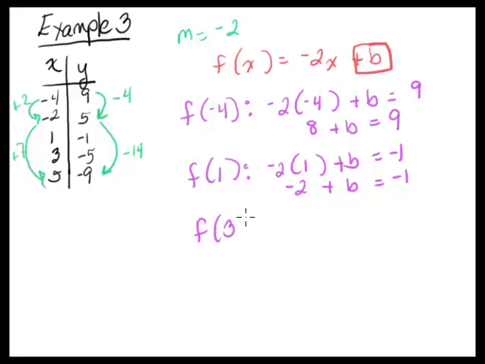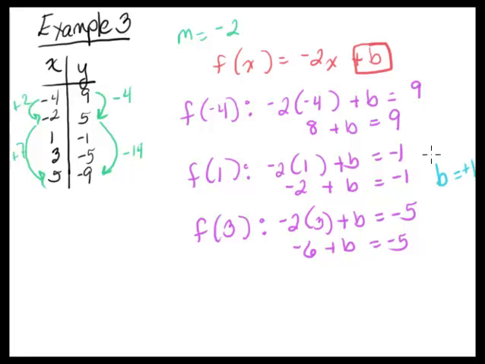So f of 3 is negative 2 times 3 plus b equals negative 5. Negative 2 times 3 is negative 6. Negative 6 plus b equals negative 5. So here you most likely see, okay, this is plus 1, and plus 1. Our b here is plus 1.